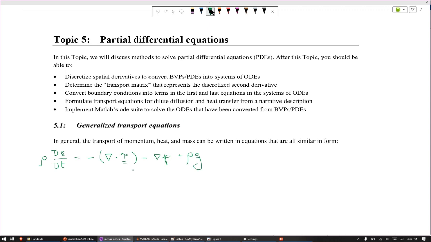All right, so this tau is your stress tensor. Right, so that's your conservation of momentum, that's your momentum transfer equation.